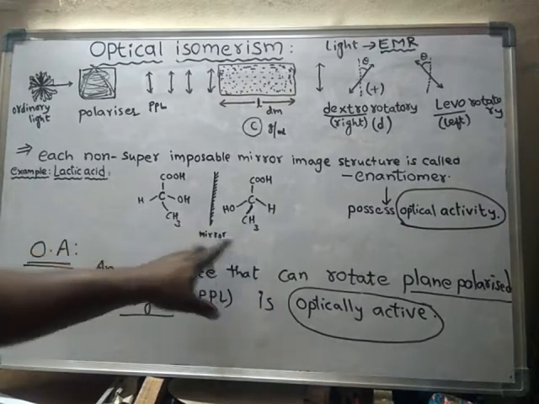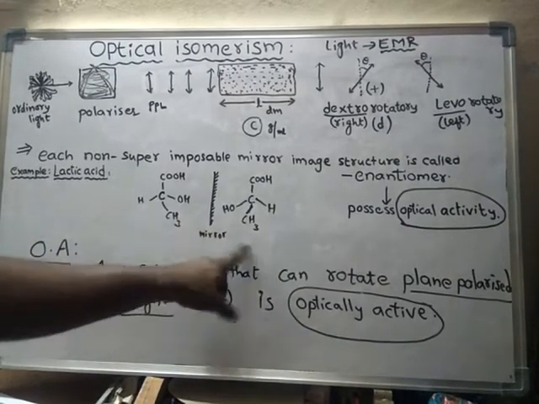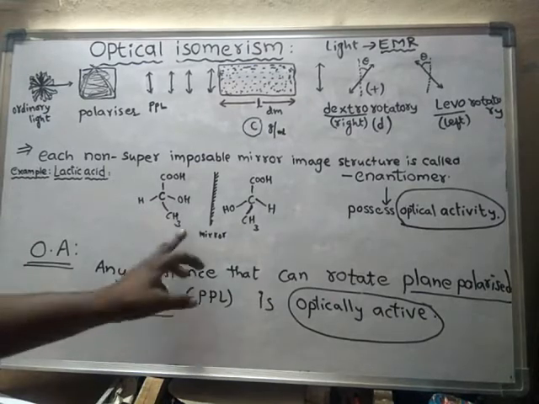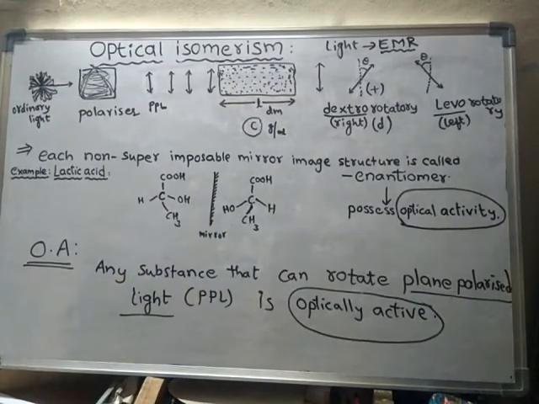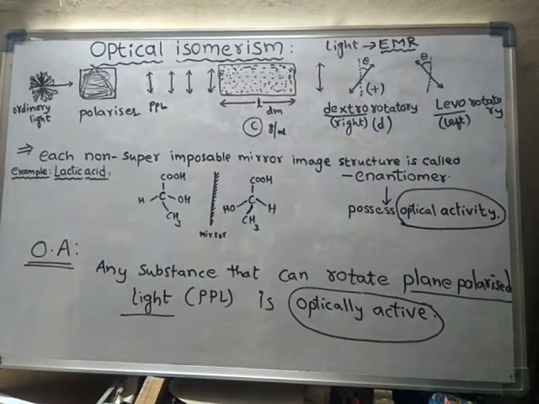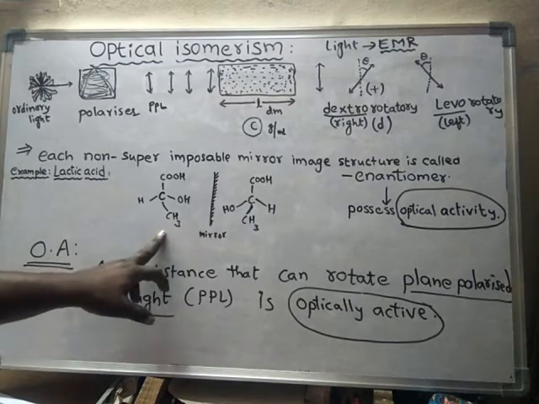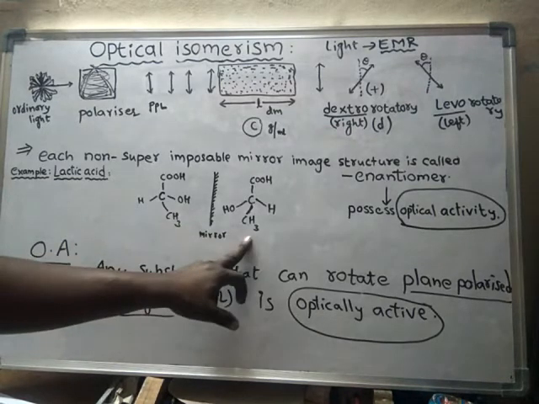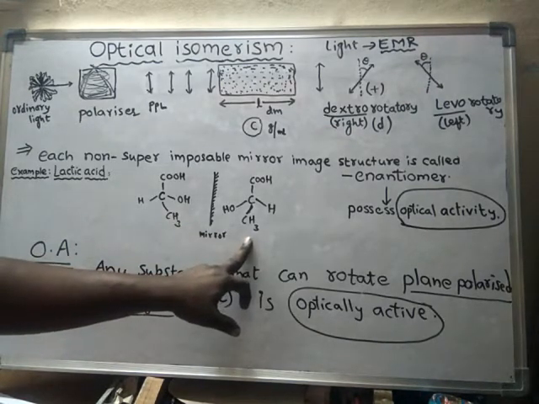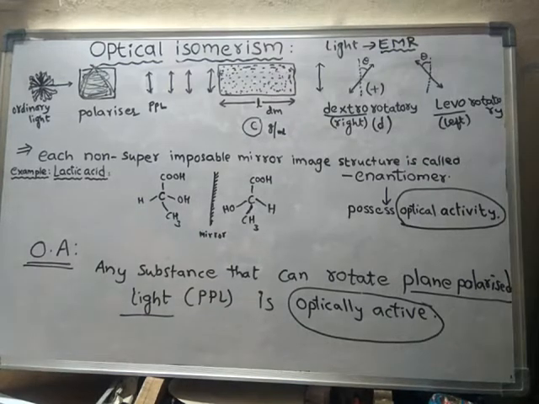These two are enantiomers of each other, generally called a DL pair. While learning geometrical isomerism, we learnt about this DL pair, where one is dextrorotatory and the other is levorotatory.